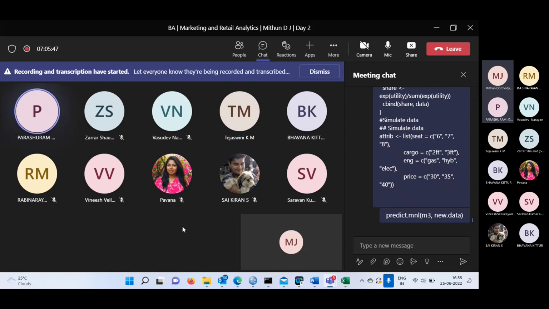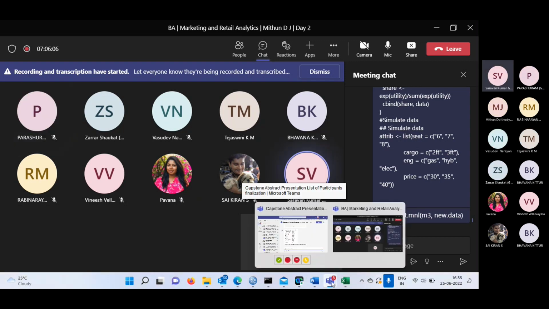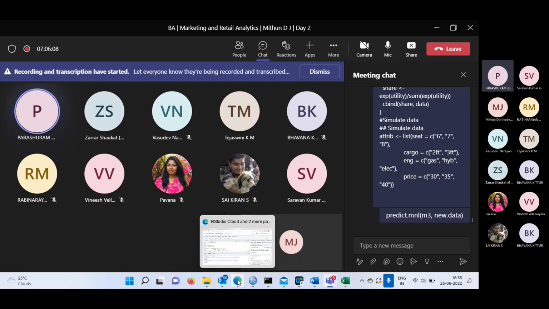Bhavna, Vinish, Parashram, yeah. All right. Mithun, I think you missed a new data code. Actually, new data code is not there. Something you define, new data. It's there, I guess. Where is it?